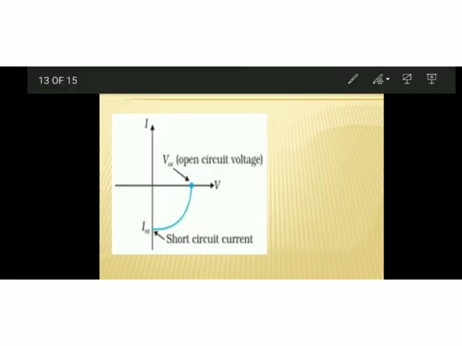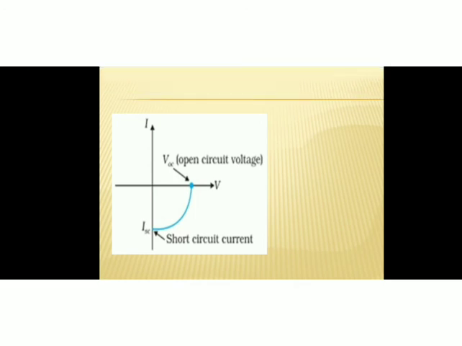Now this graph is very important, and you should know how to recognize it. They may ask you a question like this: this graph represents the VI characteristics of a special purpose junction diode, name that diode. It is a solar cell. And what is the peculiarity of the graph? Here you can see this is the open circuit voltage, and this is the short circuit current, because we are not providing any voltage to the solar cell.